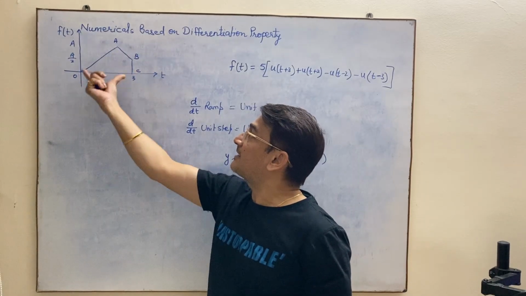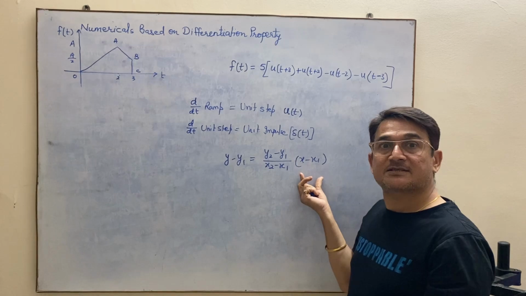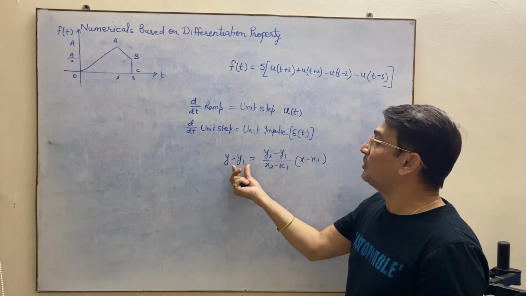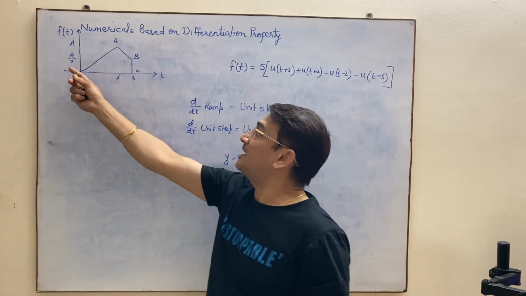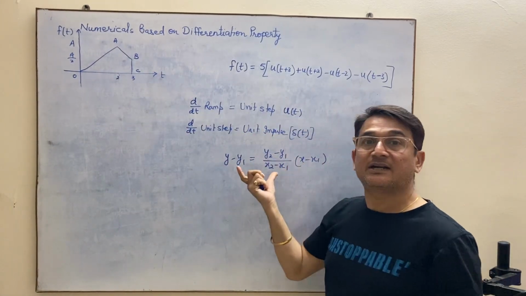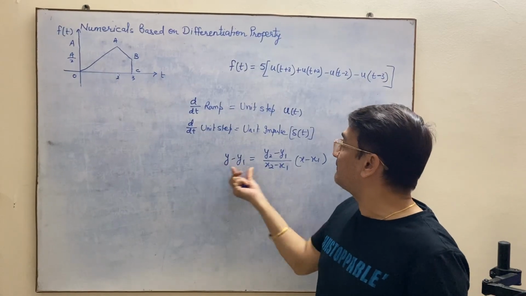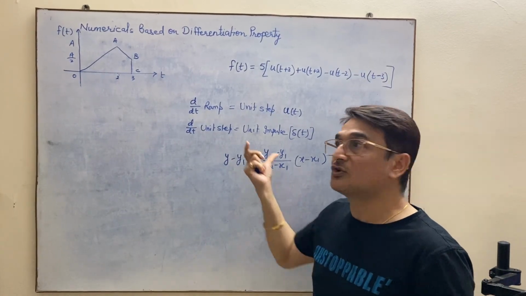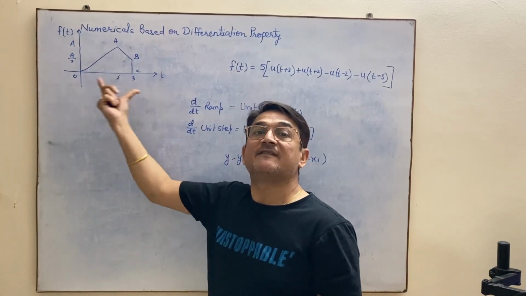That way we will calculate the equation in y and x terms. On the y axis you have f(t) and on the x axis you have t. Once you get the equation in y and x, you replace y with f(t) and x with t, and you get your function accordingly. This way we will solve the question.